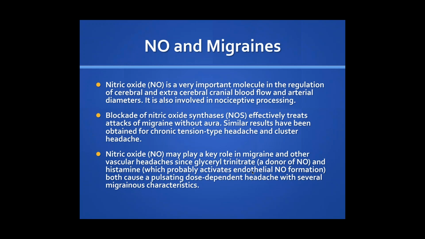Nitric oxide may play a key role in migraine and other vascular headaches, since glycerol trinitrate, a donor of nitric oxide, and histamine, which probably activates endothelial nitric oxide formation, both cause a pulsing dose-dependent headache with several migrainous characteristics. In other words, they could induce a migraine by increasing histamine and nitric oxide.